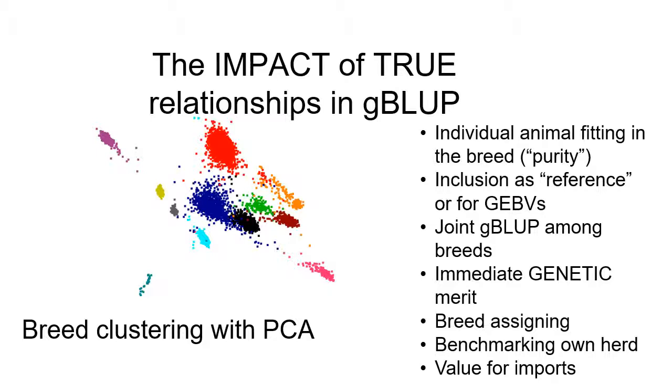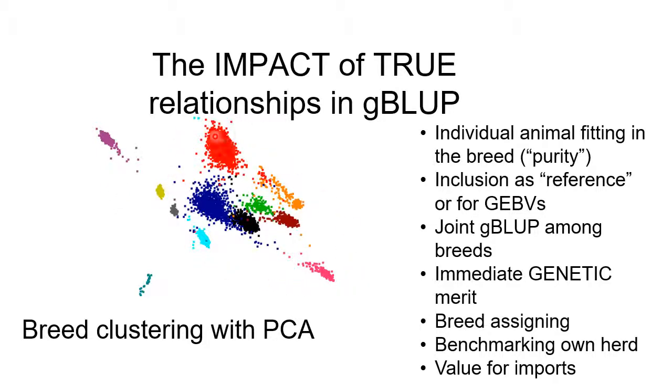This has given rise to very interesting applications in terms of the true relationships amongst animals, the so-called principal component analysis, where you can cluster animals according to their closeness or lack of closeness in terms of relationships. This is an example where some breeds were clustered together.